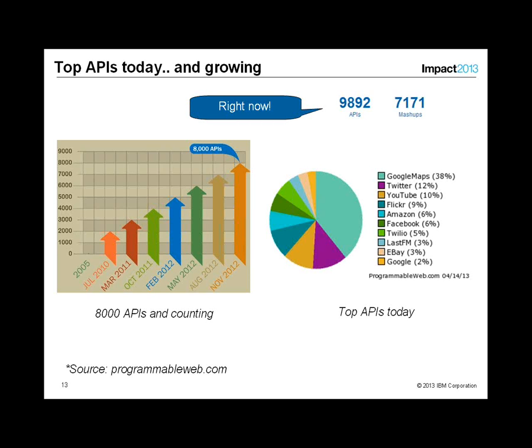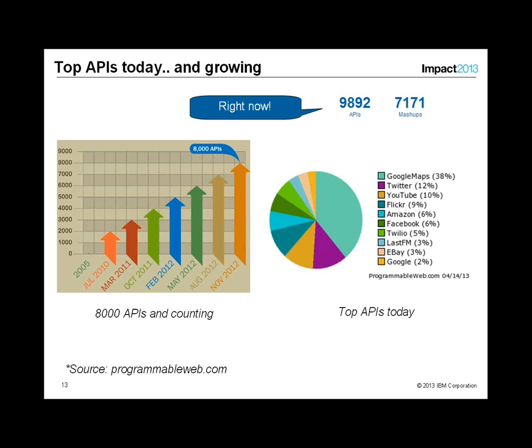It's like a repository, and they also allow you to register APIs. So it's kind of a marketplace that allows you to track your APIs and other stuff, right? As you can see, I created the slide back in April. That was when the number of APIs was a little more than 8,000.